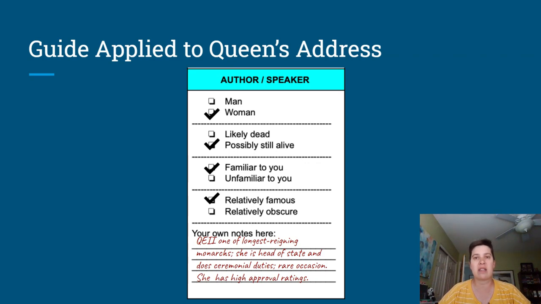But obviously, these are unprecedented times, and she has foregone the idea that she needs to remain closed off from her subjects, and she has reached out to them in a very public, albeit televised way.